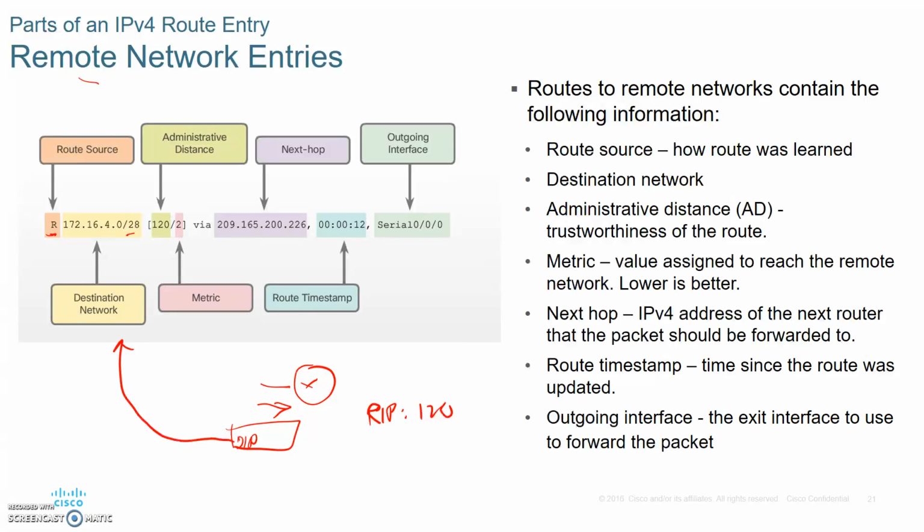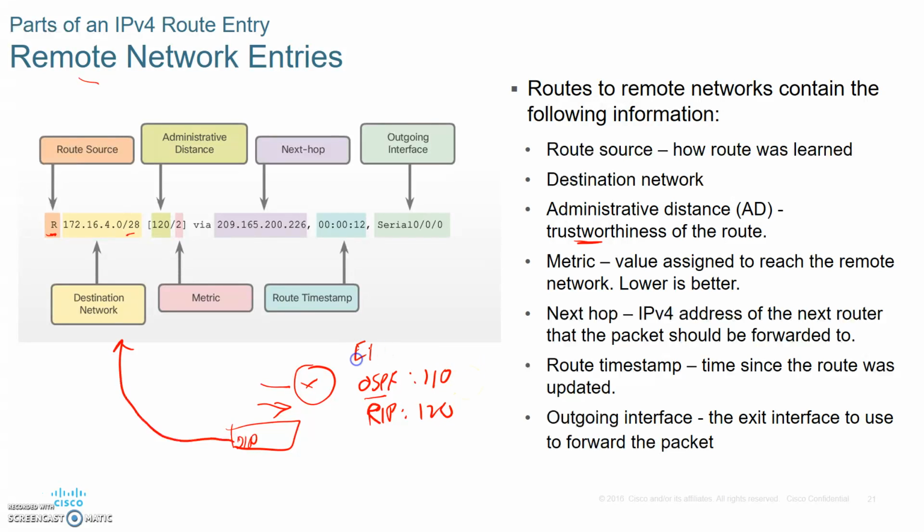If I learn about this network through another routing source, for example OSPF, and OSPF tells me to use another route to go to this network, because OSPF's administrative distance is 110, I will remove this from the routing table and believe OSPF more. So the lower the AD, the better.